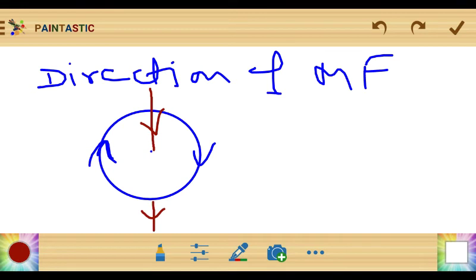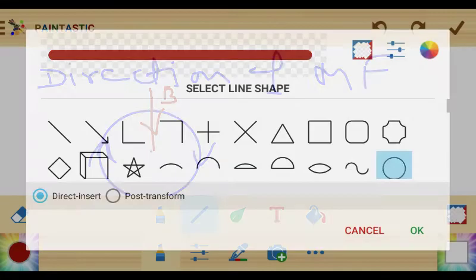Okay, if it is clockwise, that is the magnetic field direction.